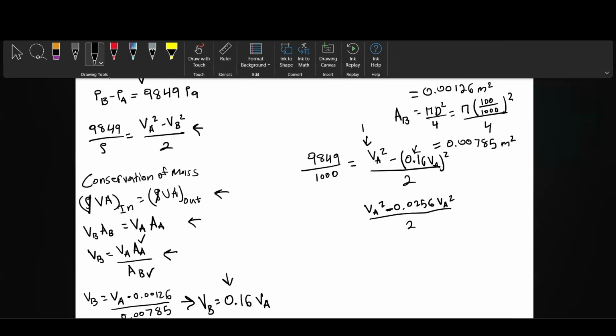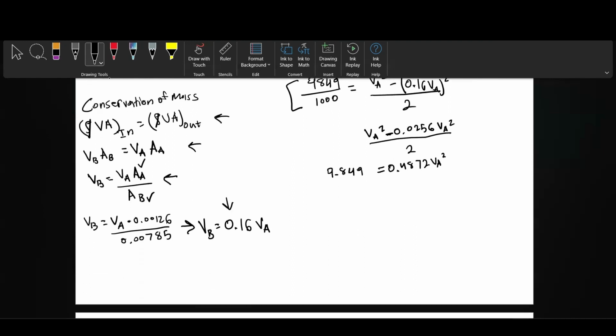And you should get 0.4872 VA squared equals 9.849, which is just this term here, 9,800 divided by 1,000.